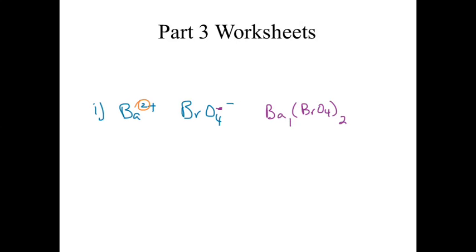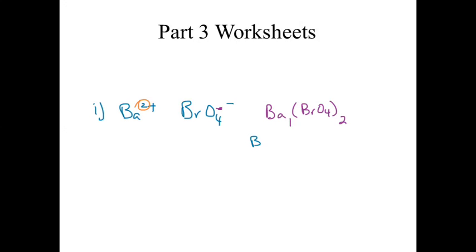Now, when I name this, barium, don't be shy about finding a periodic table and locating barium on the periodic table. Because barium is in 2A. And if it's in 2A, then we do not use Roman numerals in its name. And if you want to get this one fully correct, that's the route you're going to have to go.